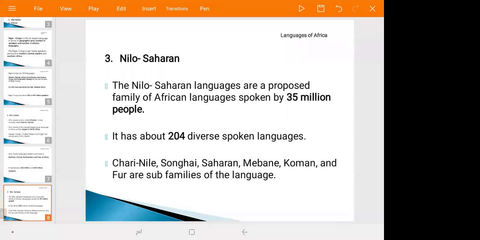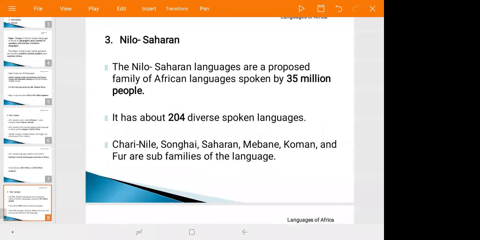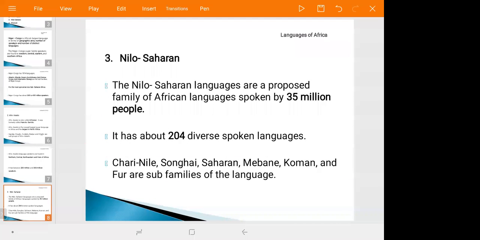Niger-Congo is about 400 million, yes? And this one is 35 million. The number of languages spoken under the Nilo-Saharan is only 204. For the Niger-Congo, 1,514.